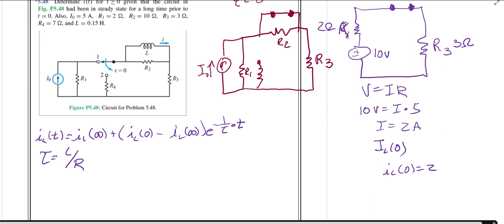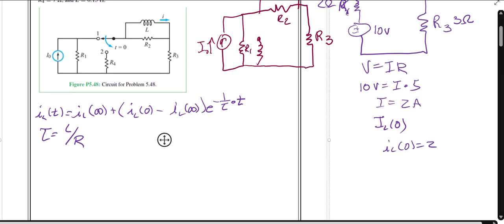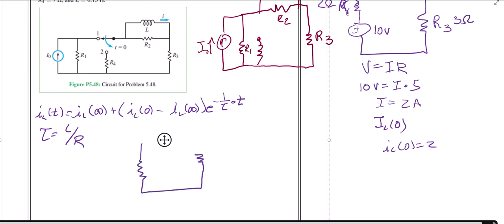Now I'm going to draw it as it looks with the switch flipped. So it's going to look like this. So I have it drawn right here. This is at time t equals 0 plus.